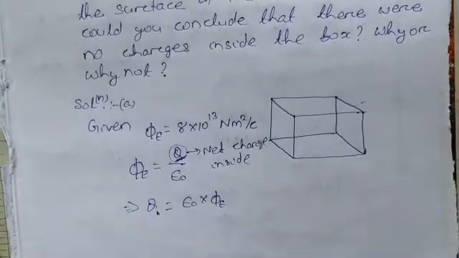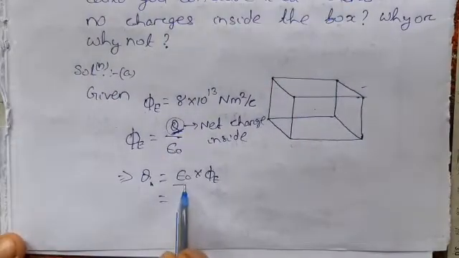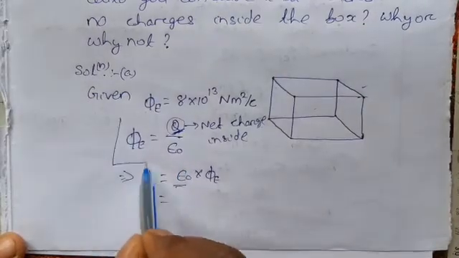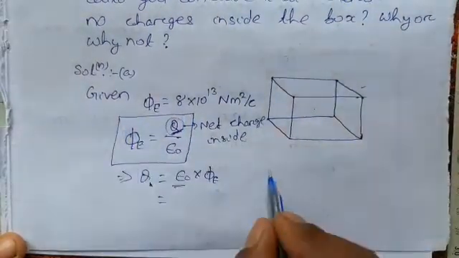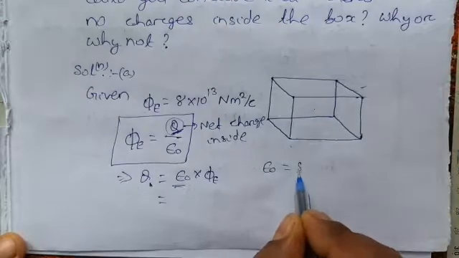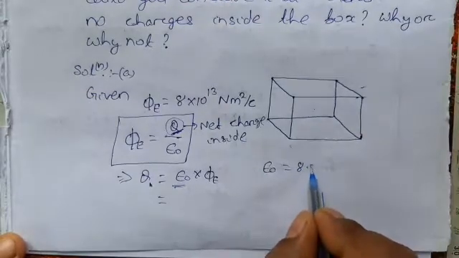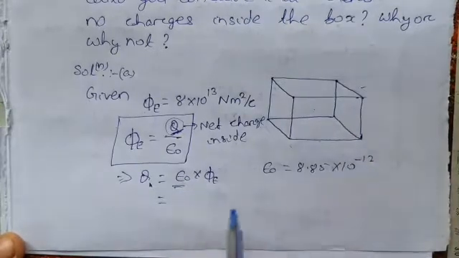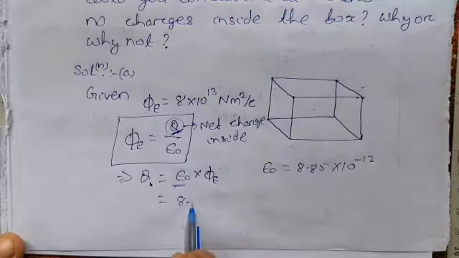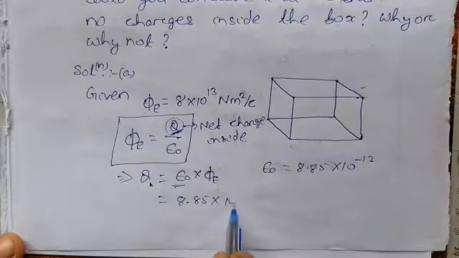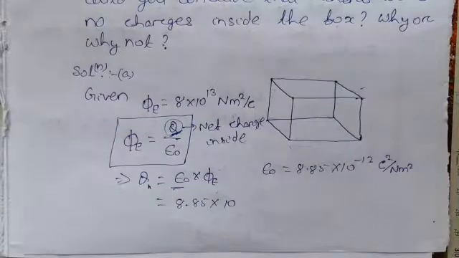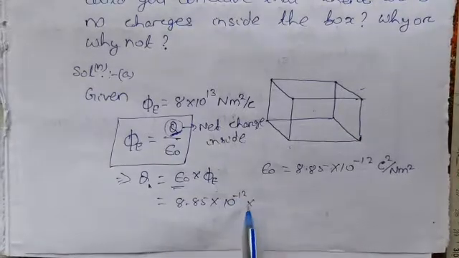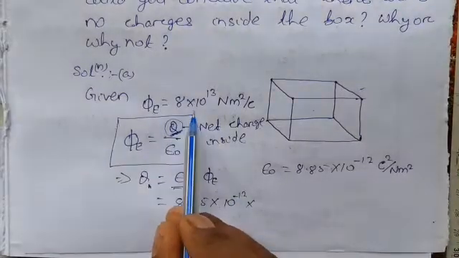Okay. So we know the epsilon value. This is the Gauss law formula. We know the value of epsilon naught equal to 8.85 into 10 to the power minus 12. So I will put it here, 8.85 into 10 to the power minus 12 into phi e equal to 8 into 10 to the power 13.